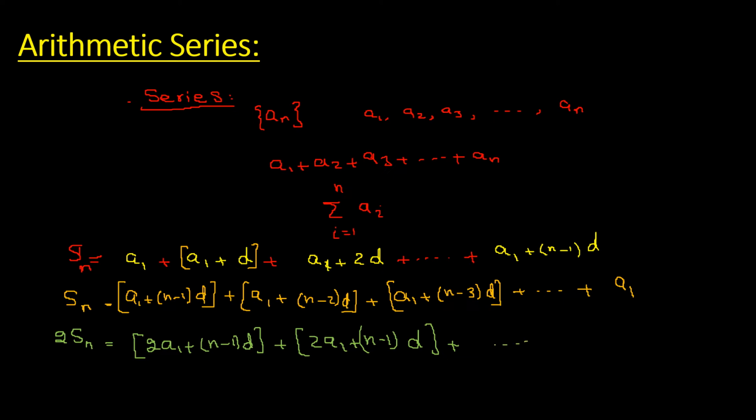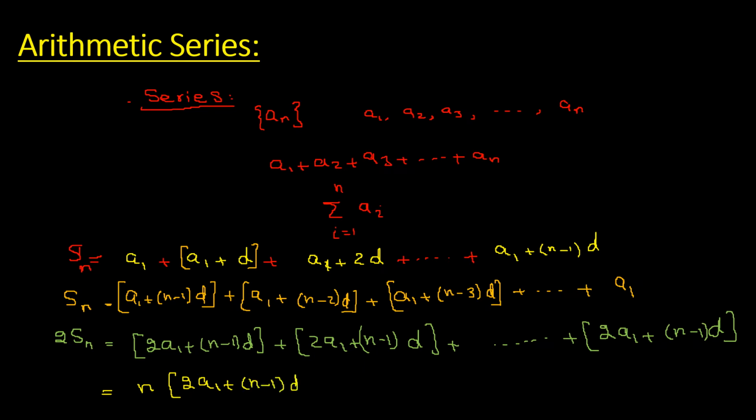We get all terms of this form, because the last one also gives 2a1 plus n minus 1 into d. Since all terms are the same and we add them n times, we can write this whole thing as n times 2a1 plus n minus 1 into d.